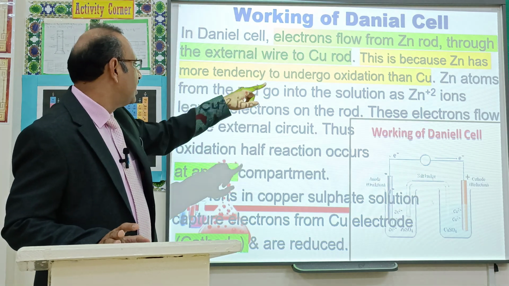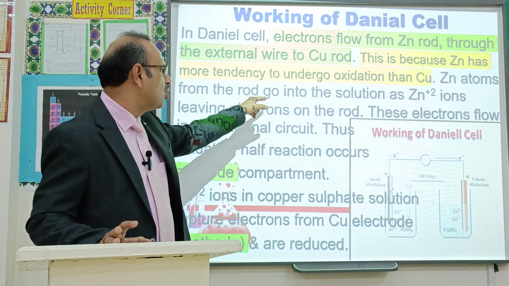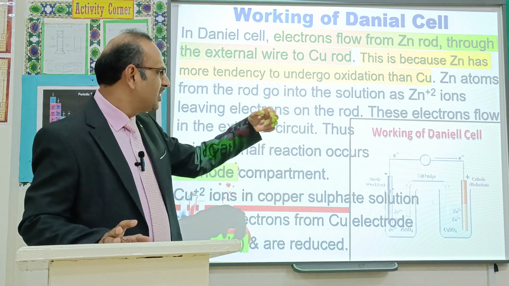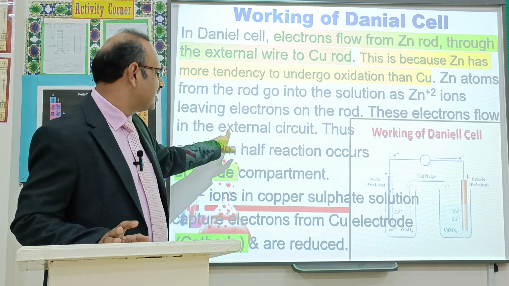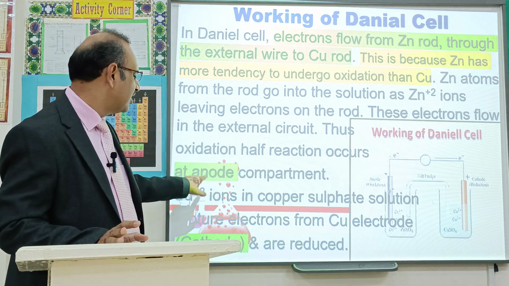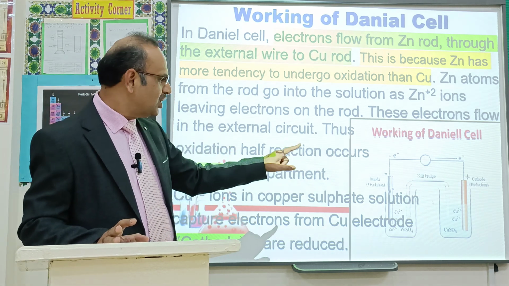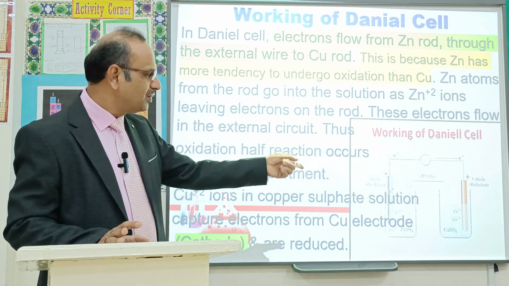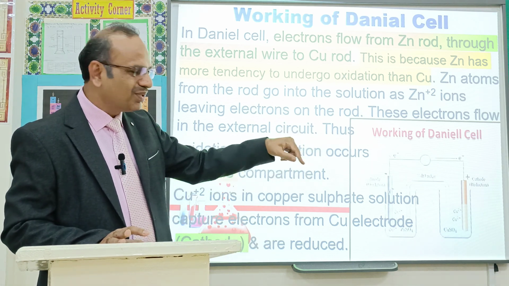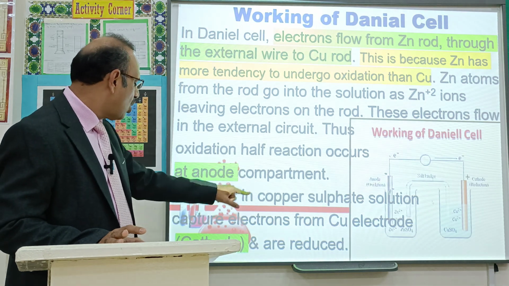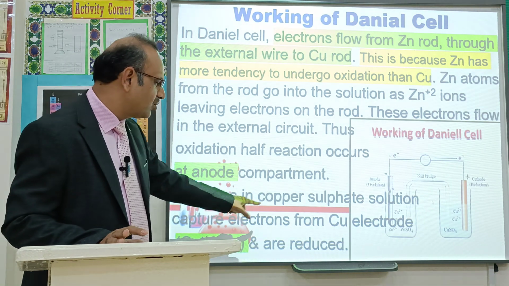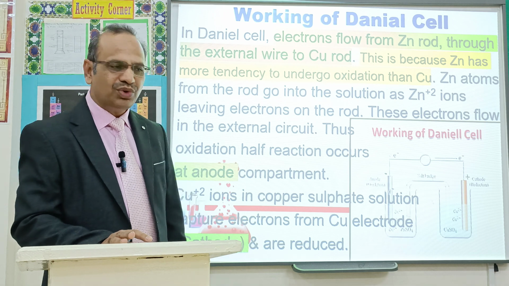So zinc atoms from the rod go into the solution as zinc ions and give up electrons, and these electrons flow in the external circuit, and thus the oxidation half occurs at the anode compartment. So zinc acts as anode and copper acts as cathode. Copper ions in the copper solution capture the electrons to form Cu, that is, copper.